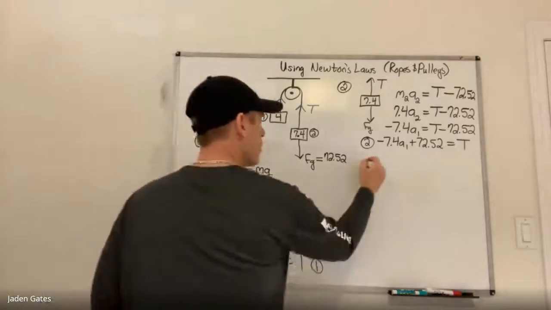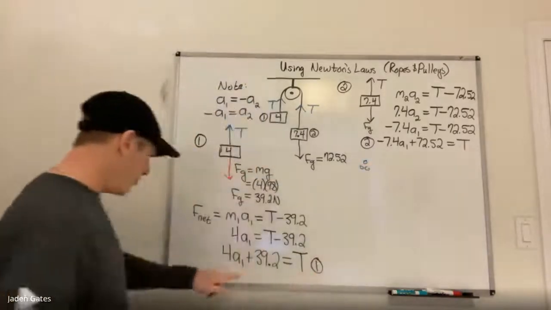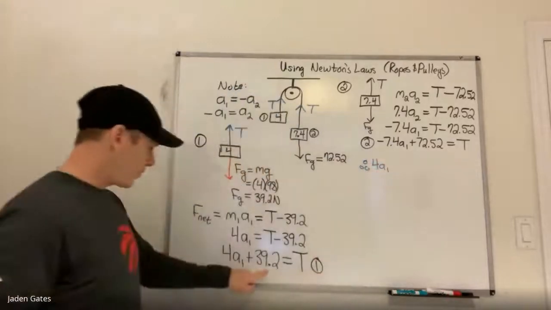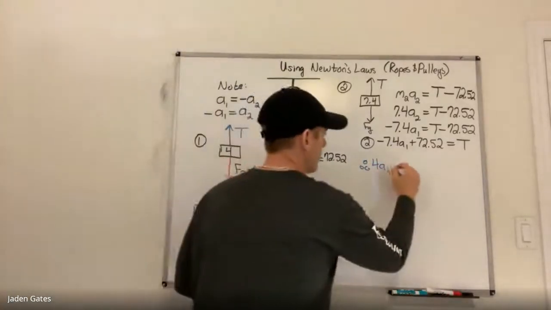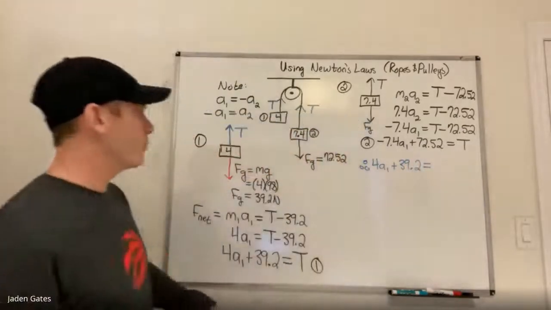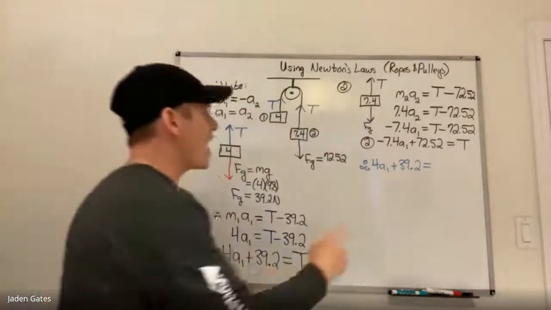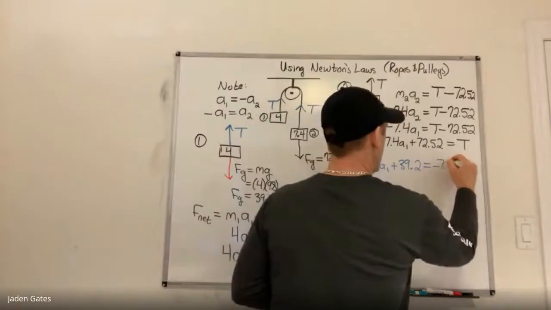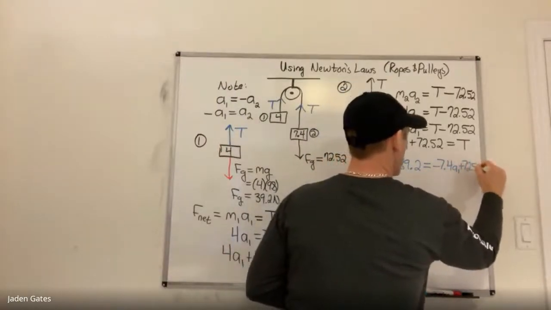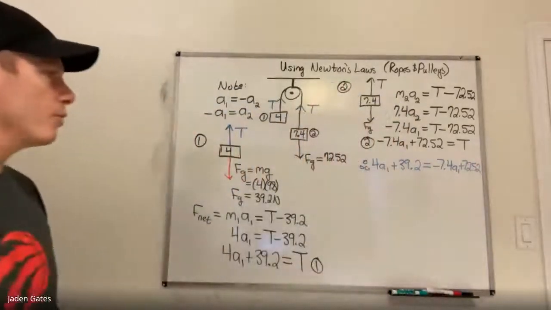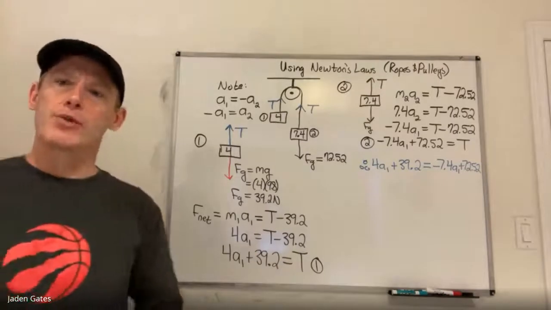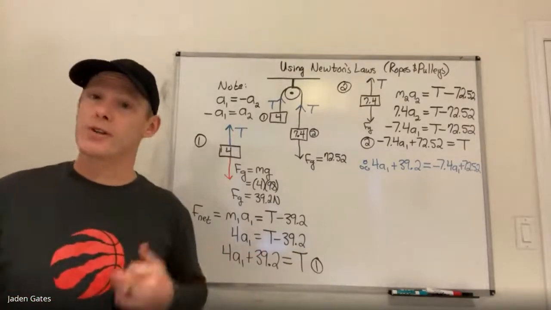So therefore, what was T equal to here? 4A1 plus 39.2, which was equal to T. Well, what else is equal to T? My second equation, a negative 7.4A1 plus the 72.52. So I make the two equal to each other because they're both equal to T. And now what I have is one equation, one unknown, which means I can solve.